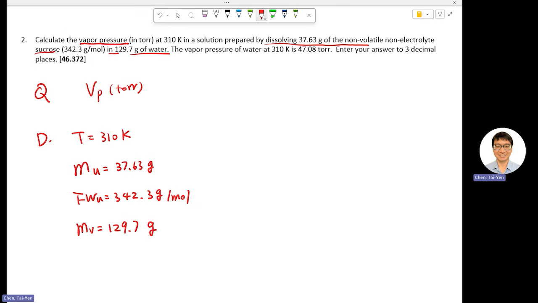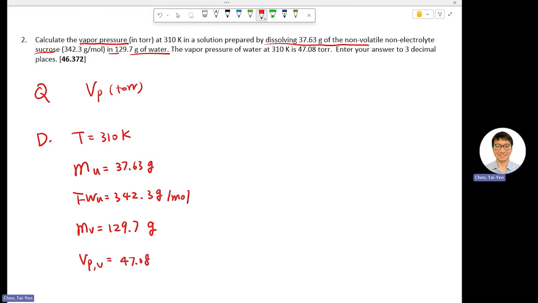Okay, what else do we know? The vapor pressure of your water, which is your solvent, is equal to 47.08. So that's all the things that you know.